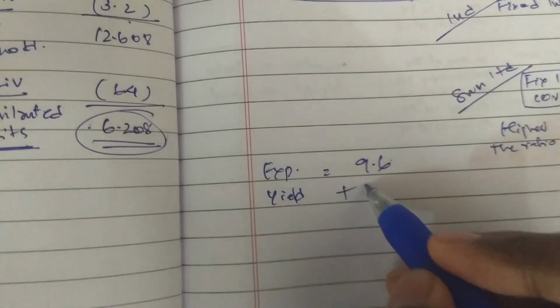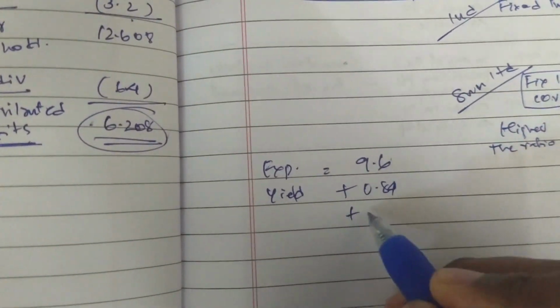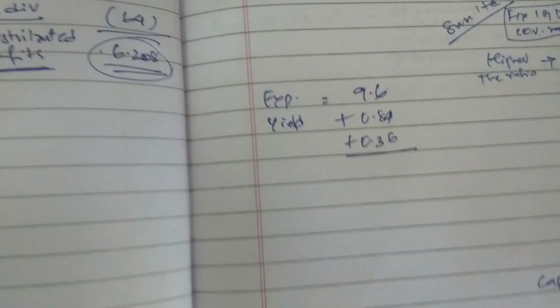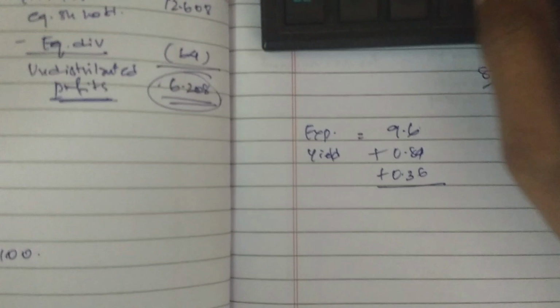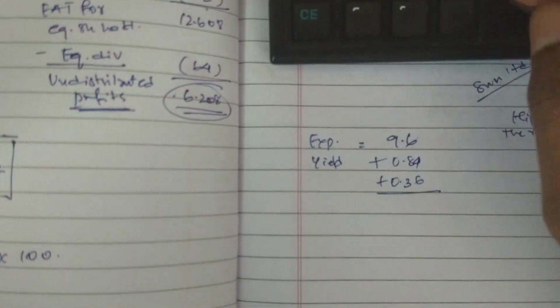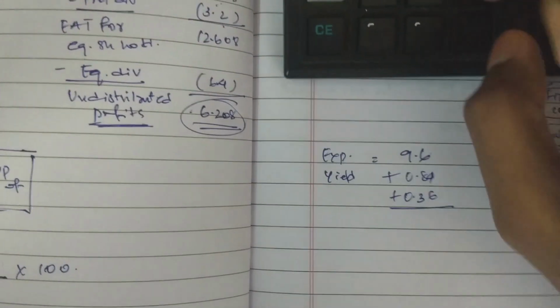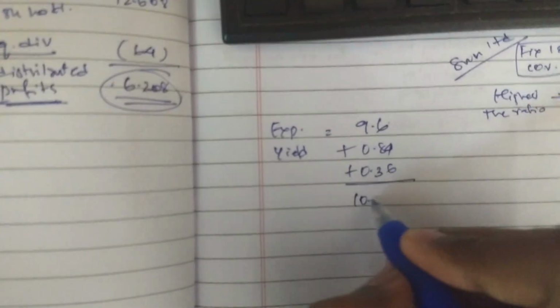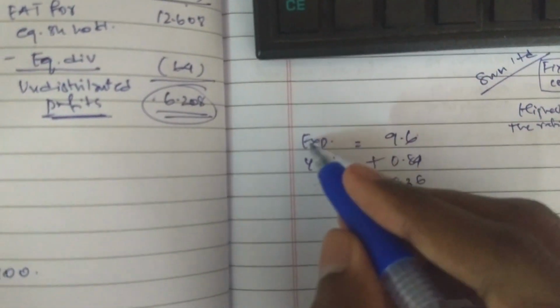So it is 9.6 plus 0.84 plus 0.36, and you get 10.8 as your expected yield.